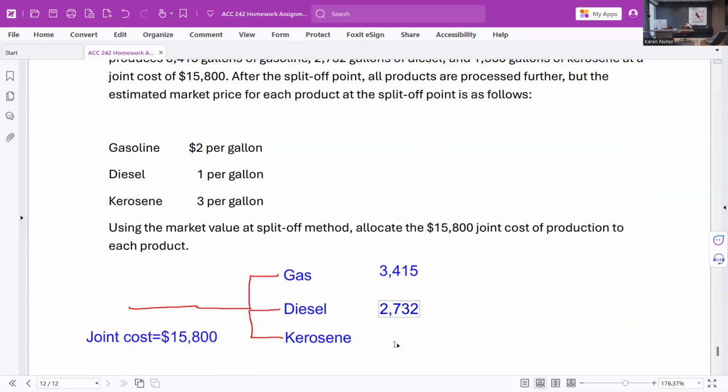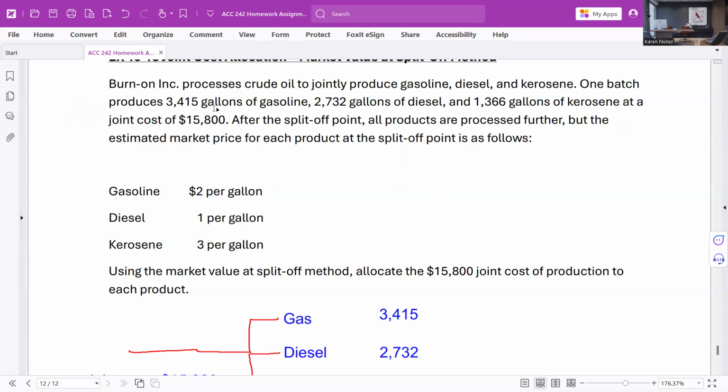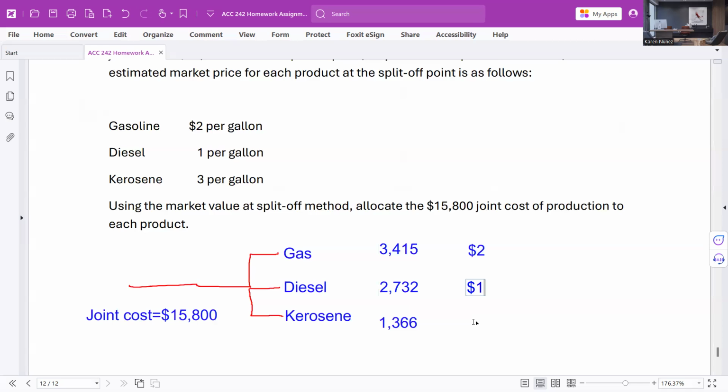And finally, 1,366 gallons of kerosene. So the gasoline, the diesel, and the kerosene. And we could sell the gas for $2 a gallon, right? We can sell the diesel for only $1 a gallon. And the kerosene can be sold for $3 a gallon.